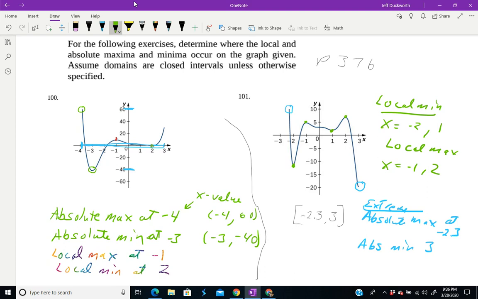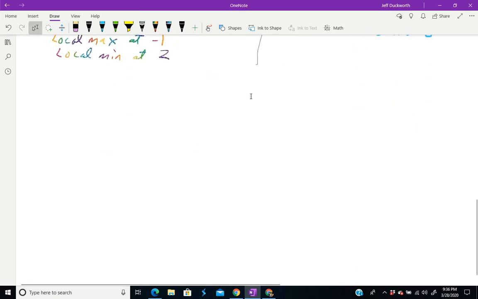So what would we do if we had a horizontal line, say just a horizontal line? Let's scroll down and just create something. Say we had the line here.